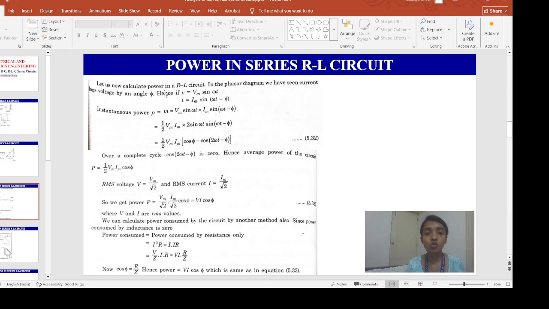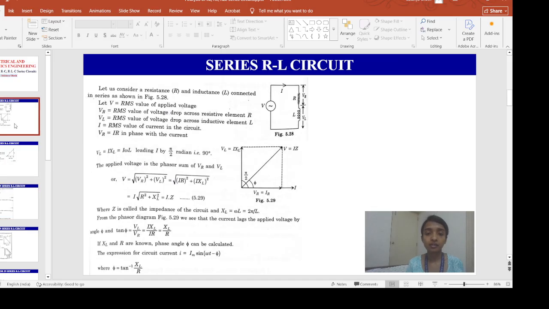Okay, so at any instant, if I consider the instantaneous value of the applied voltage, v is Vm sin omega t, then i will be Im sin(omega t minus phi), because we have already seen that this current is lagging behind this voltage by an angle phi.